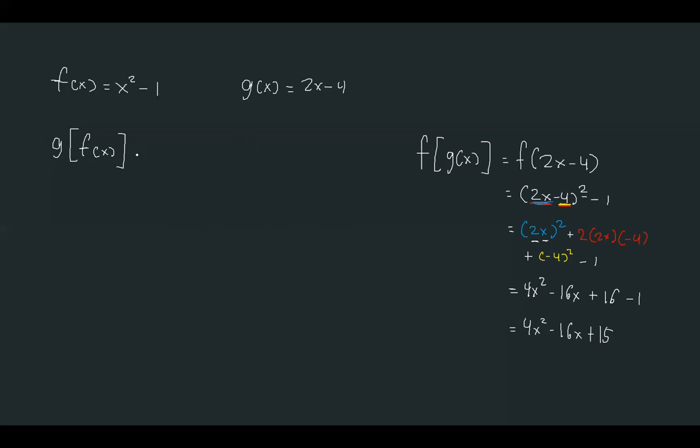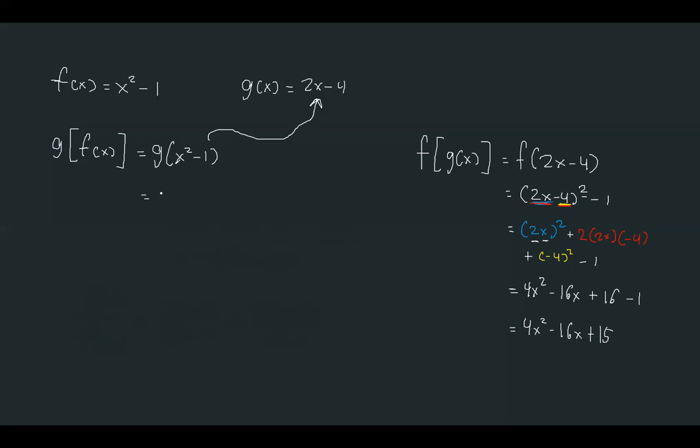For this one, g of f of x means g of your f of x, which is x squared minus 1. So this means g of x squared minus 1. That's your input. We substitute x squared minus 1 to the x, the variable in g of x.